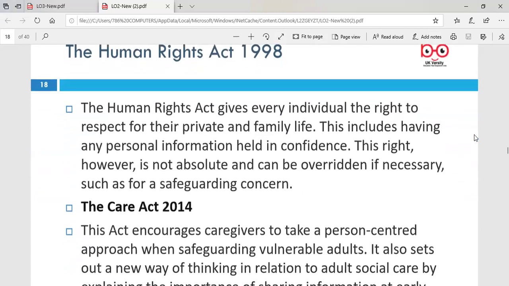Then you have the Human Rights Act 1998, which says that every individual has the right to respect for their private and family life. So that needs to be kept confidential, and if there is a safeguarding concern, that needs to be taken care of.